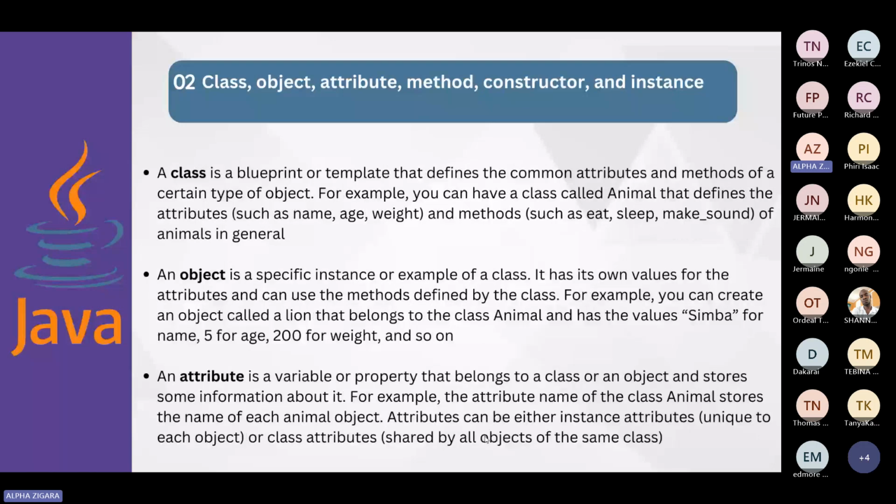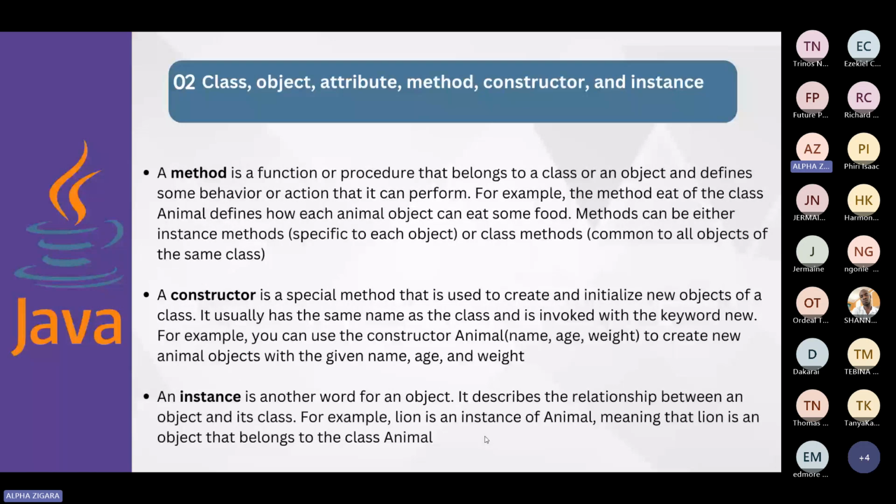Attributes, sometimes we can call them the states. And sometimes you can hear the word state in object-oriented programming. The state normally refers to the attributes. And sometimes you may hear something like behavior. Behavior refers to a method.